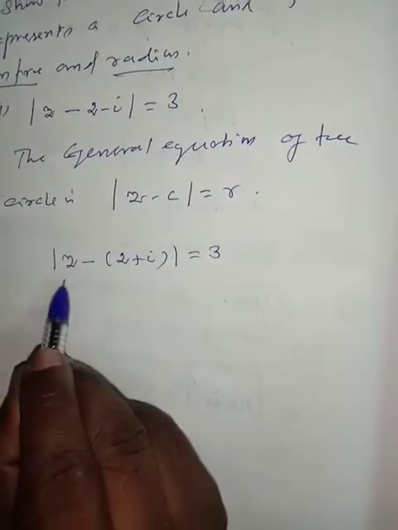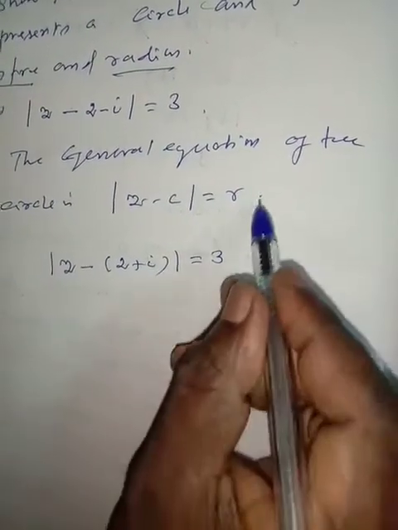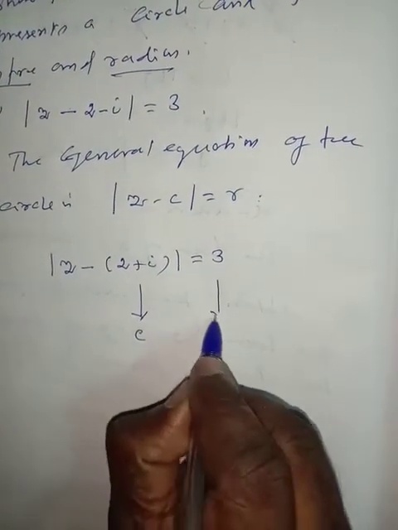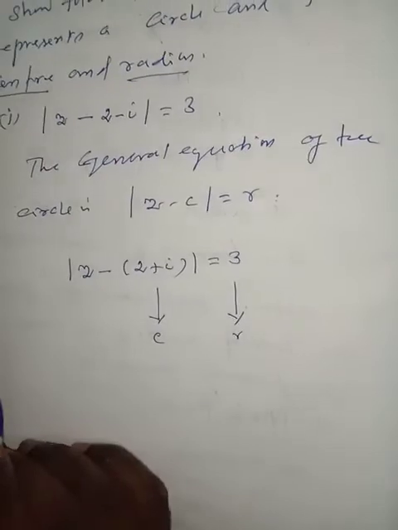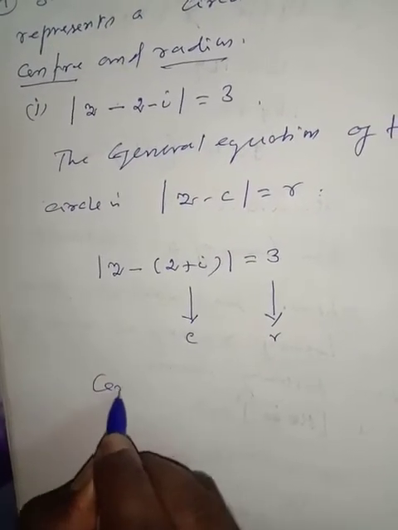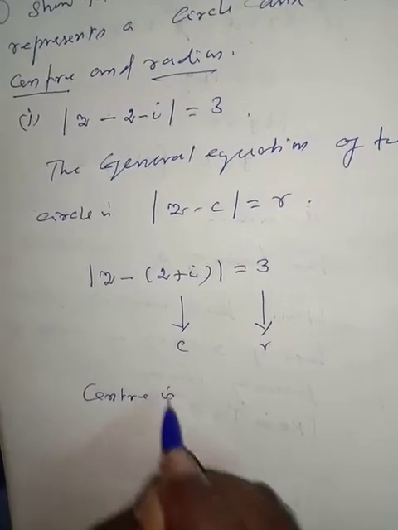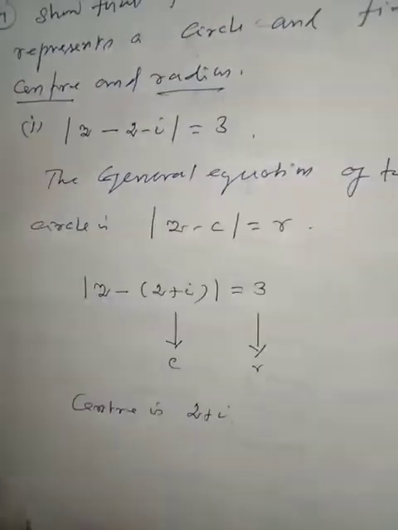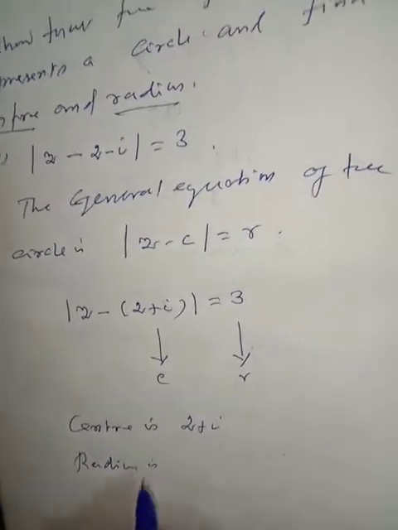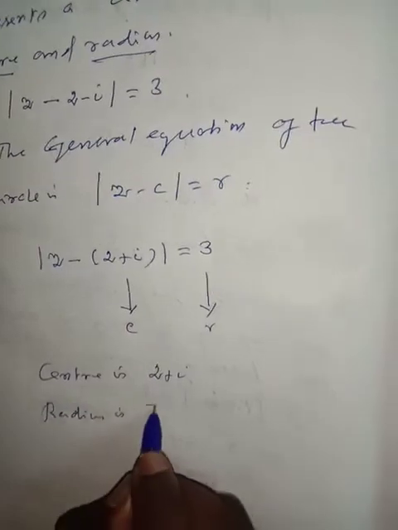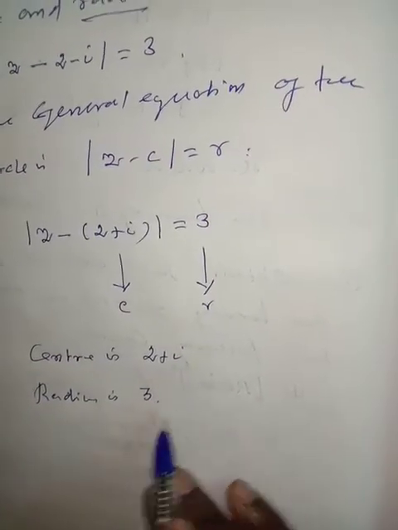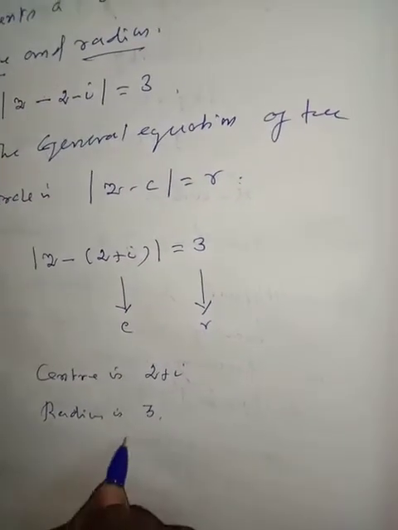This is of the form |z − c| = r, so this is c and this is r. Here the center of the circle is 2 + i and the radius is 3. Hence the center is 2 + i, and the radius of the circle is 3.